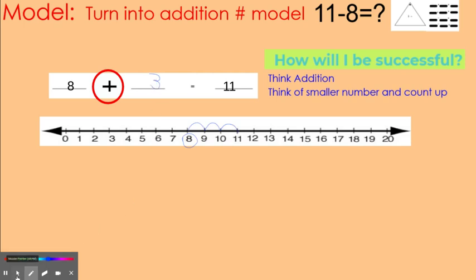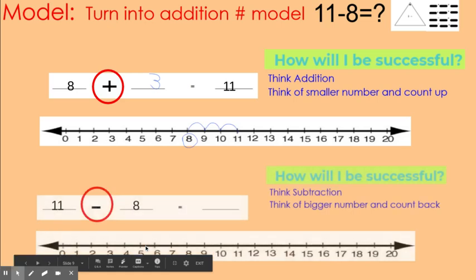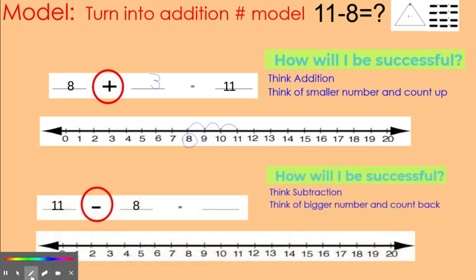All right. Now we are going to think subtraction. When I'm thinking subtraction, I start with the larger number, and I'm going to count back. So that's why the problem stayed the same as up here at the top.